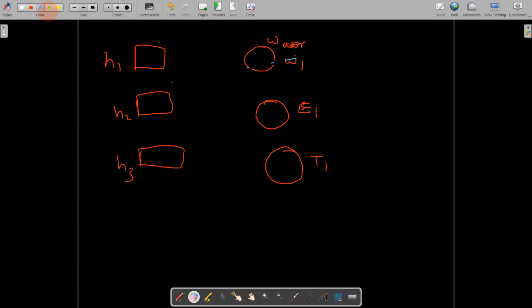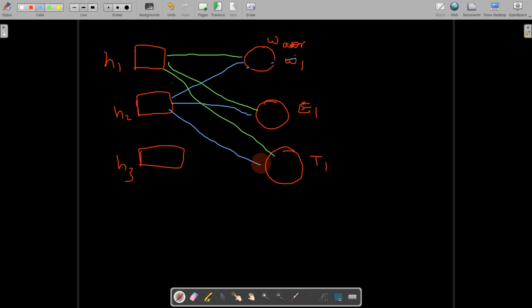That is the benefit of drawing a planar graph. So the question is, can we draw the connections for each of the houses? I will draw the connections with a different color.